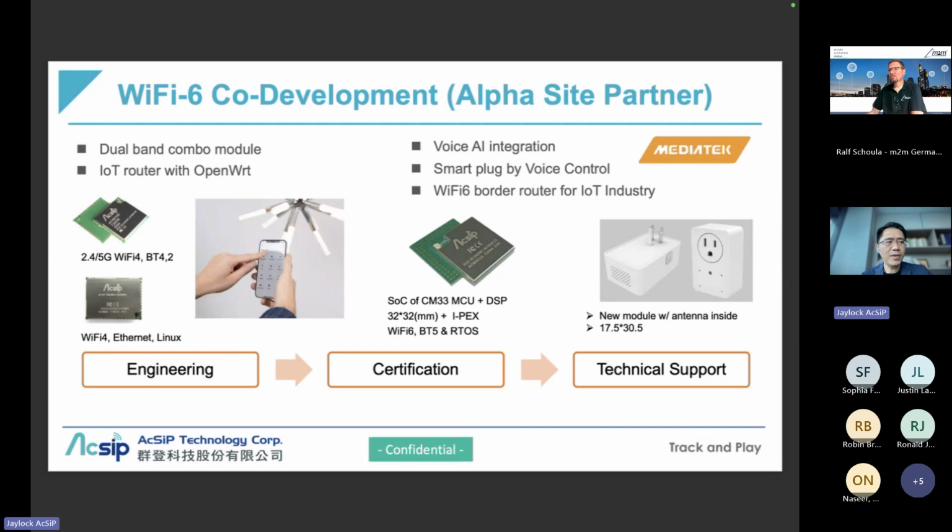We work closely with them to develop their dual band Wi-Fi 6 module. It's a combo module, and it's also dual band. Currently, not many companies are making Wi-Fi 6 dual band because it's not easy. So we are one of those companies having the dual band combo solution.